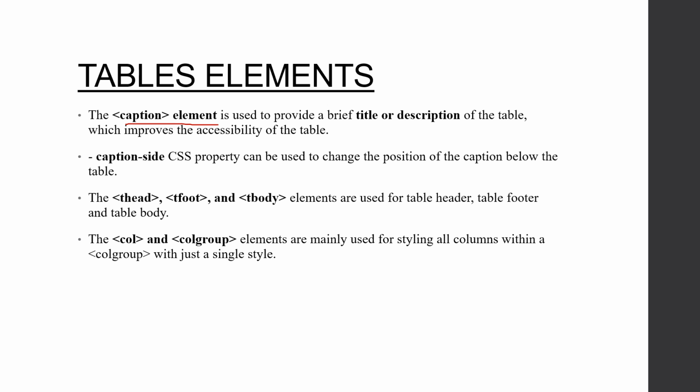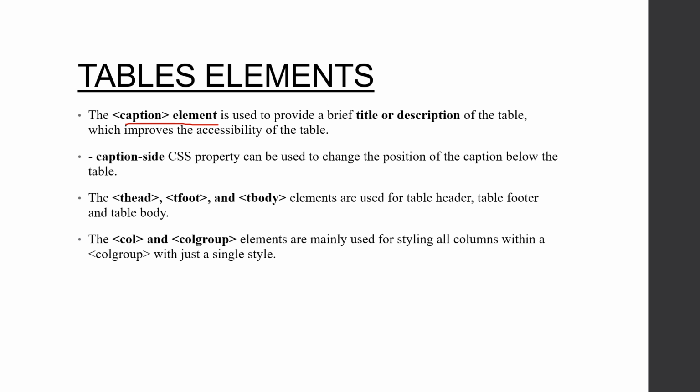The caption element is used to provide a brief title or description of the table. It is used to give the title, and it improves the accessibility of the table. Captions and CSS property can be used to change the position of the caption below the table.